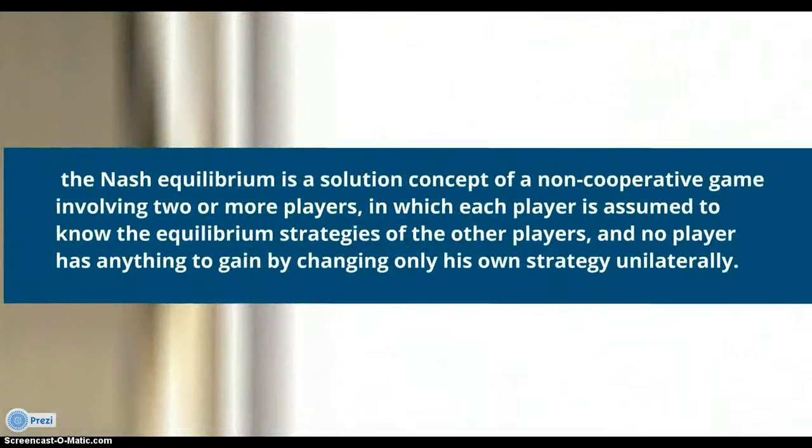The definition of Nash equilibrium is a solution concept of a non-cooperative game involving two or more players in which each player is assumed to know the equilibrium strategies of the other players, and no player has anything to gain by changing only his own strategy.